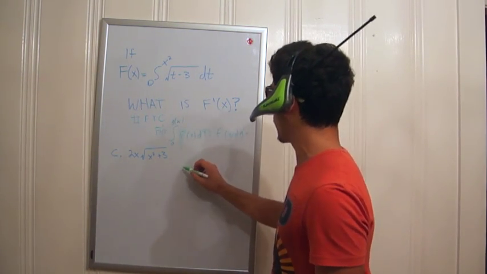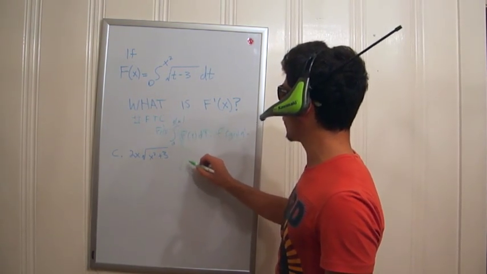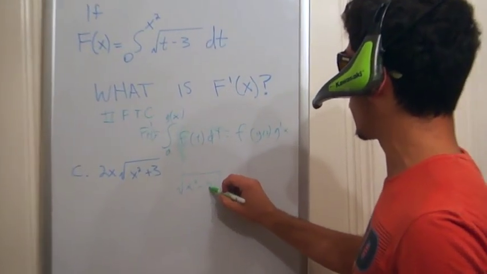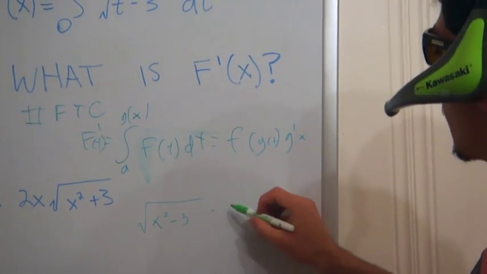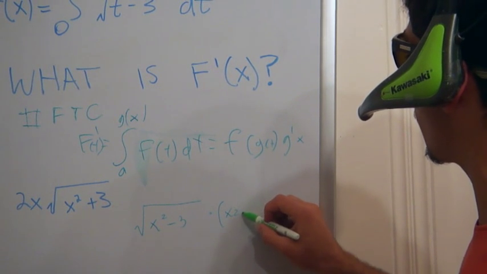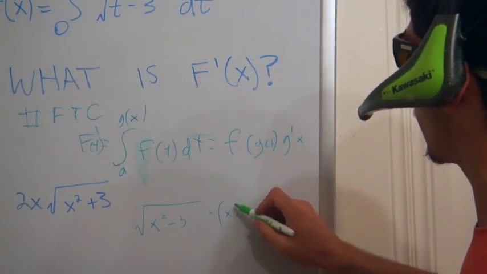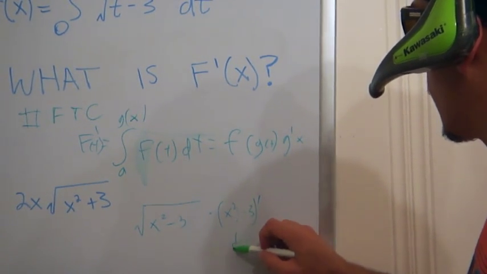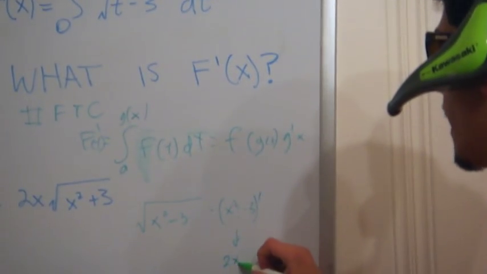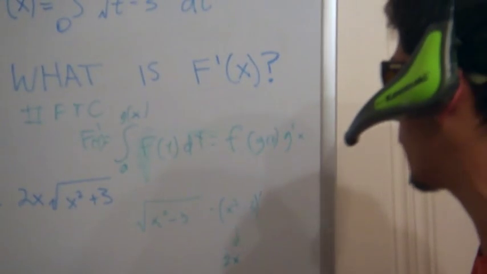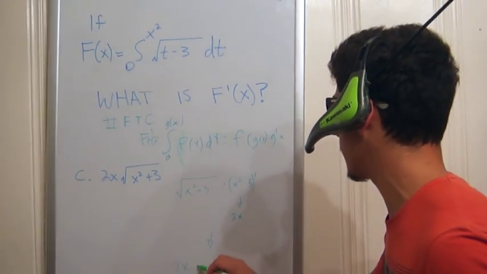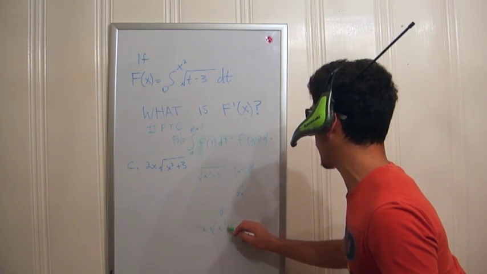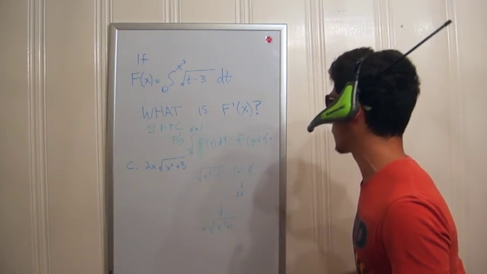And so we have square root of x squared plus 3 times the derivative of x squared, which is actually equal to 2x. So our final answer is 2x square root of x squared plus 3.